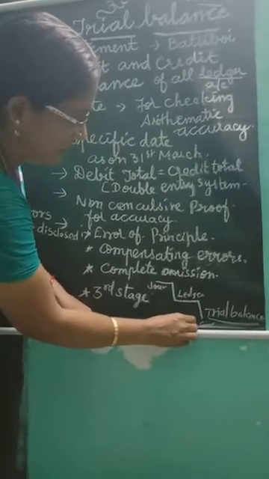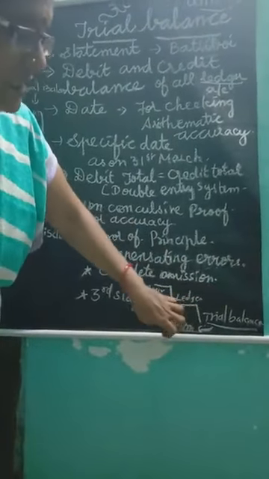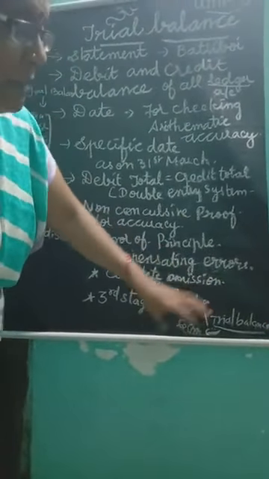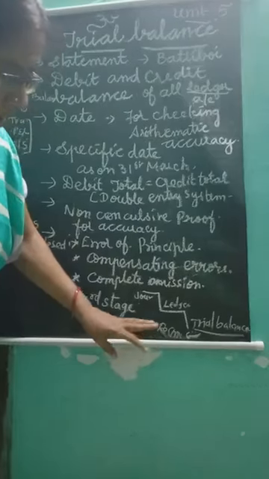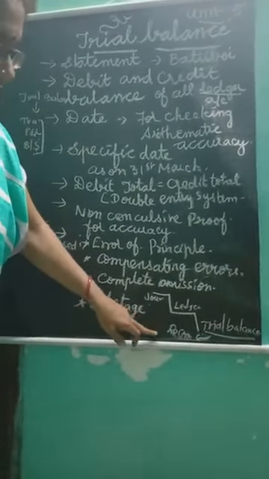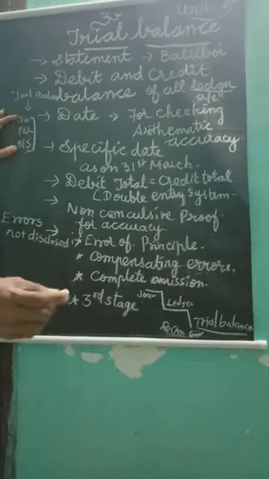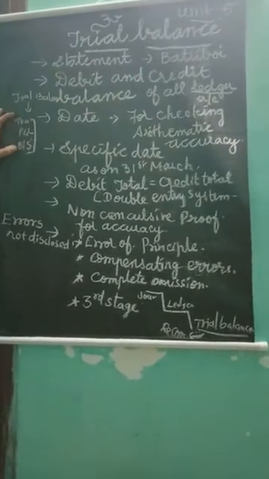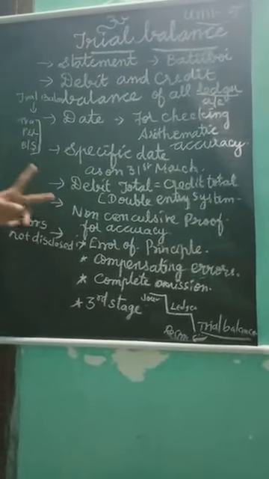The next chapter is rectifying the errors. After rectification of the entries, the credit balance and debit balance become equal. After that, we are going to prepare the financial statements, that is trading, profit and loss account and balance sheet. These three together we call the financial statements. So it is not a conclusive proof of accuracy.